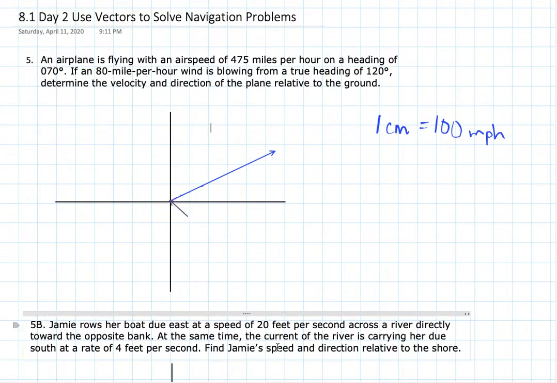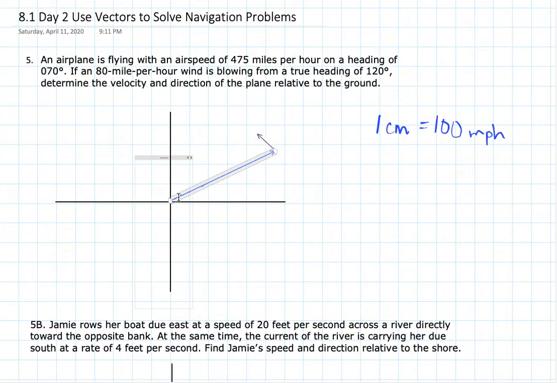Okay. Now to start solving this, because we want to know the resultant vector, we should probably take this vector and stick it right here, and then know that we're going to have, oh goodness, well, I can't draw.